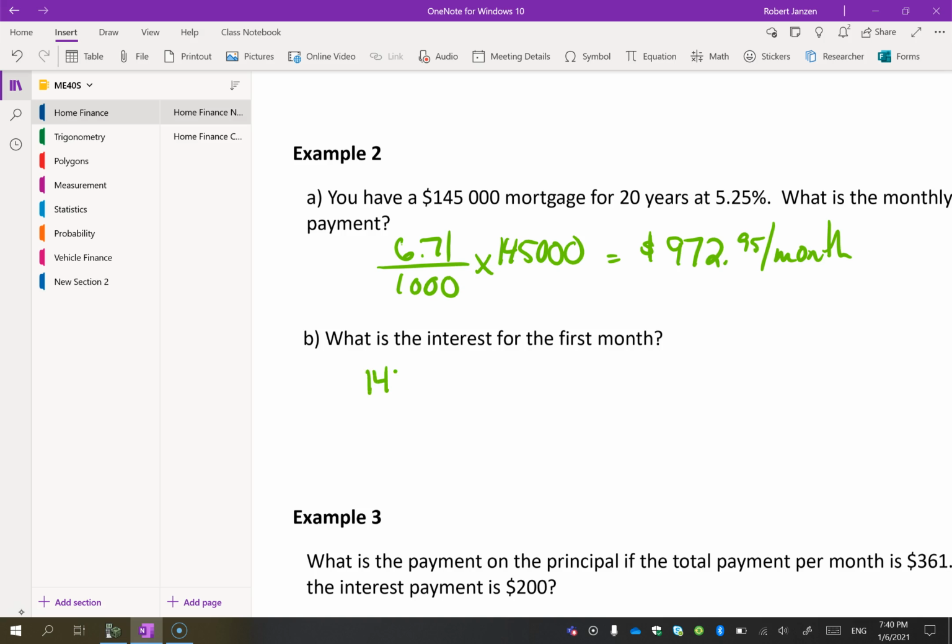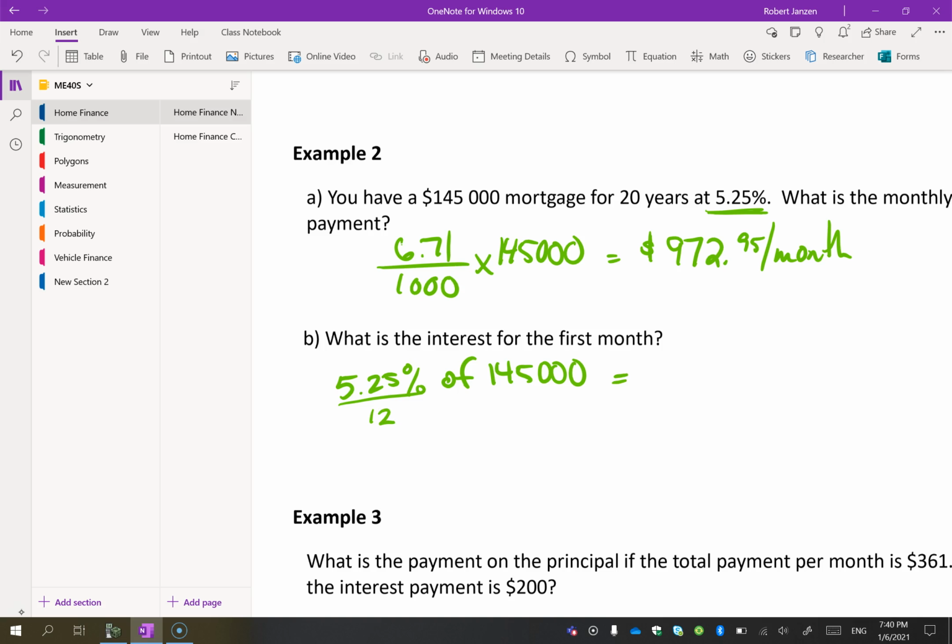Okay, so here's what we're going to do. We're going to say, let's take 5.25% of $145,000. Okay, but that would be how much interest it would be in a year. Interest rates are always given in a year. So I'm going to divide this by 12 because I want to do it per month.